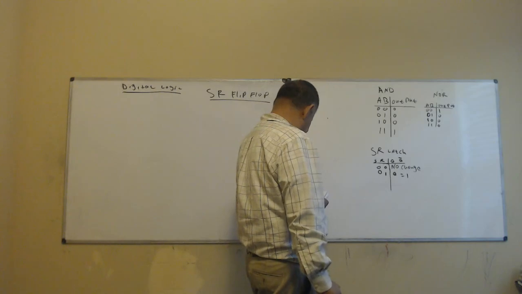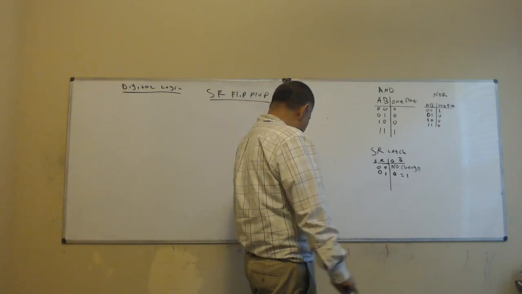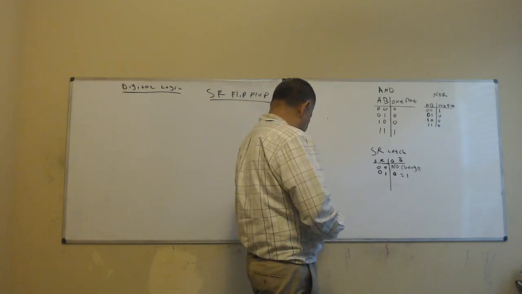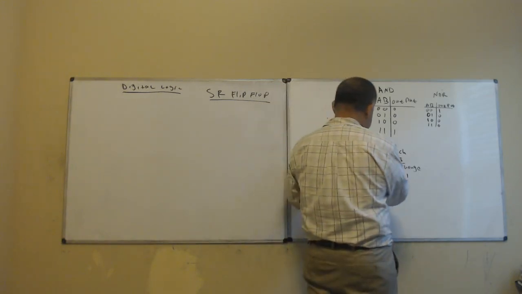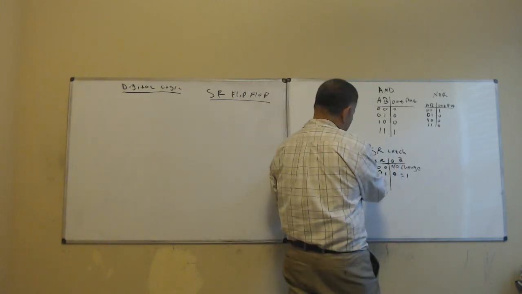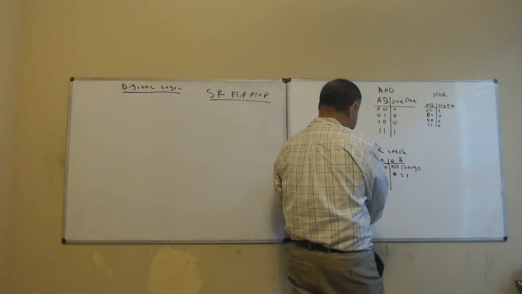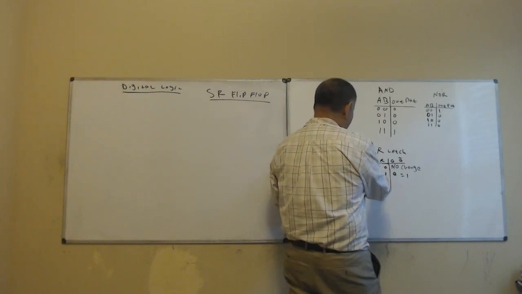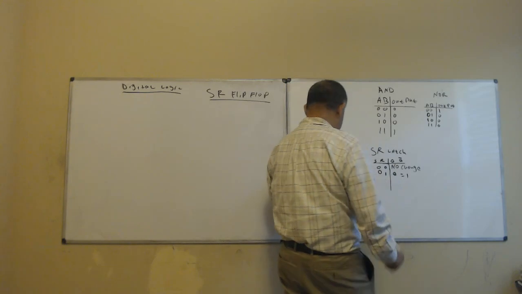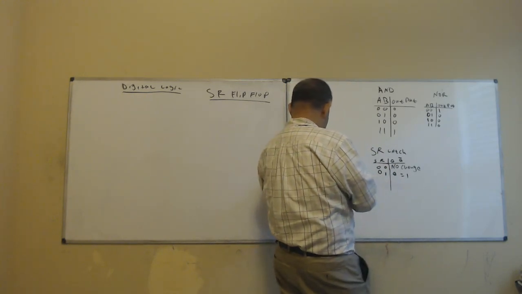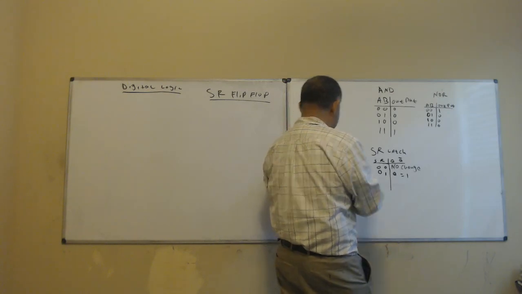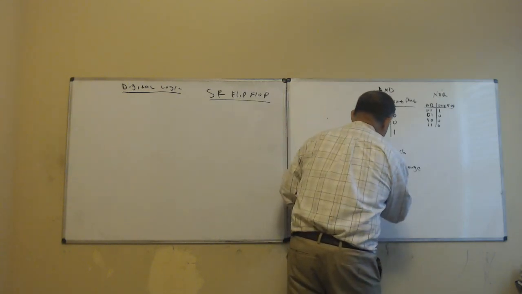Now what we're doing right here is the following. If we set S equal to 0 and R equal to 1, we set Q equal to 1. Next, we do 1, 0, right?